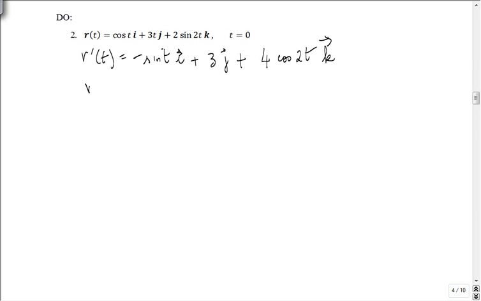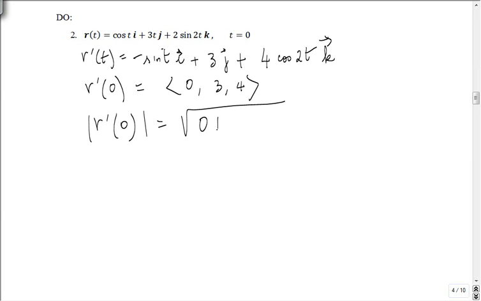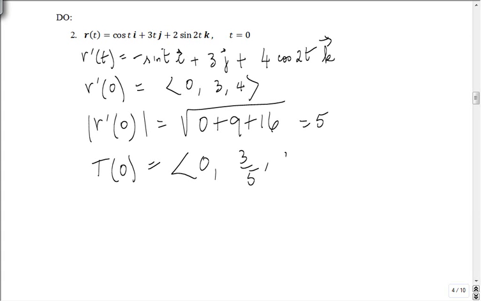Now let's find r prime of 0. What did you get here? What vector is it? I'm going to use angle brackets. It's easier. 0, 3, 4. What is the length of r prime of 0? 5. Beautiful. So that's the square root of 0 plus 9 plus 16, which is 5. And so your final answer, T of 0, is 0, 3/5, 4/5. Fantastic. Okay? So that's derivatives.